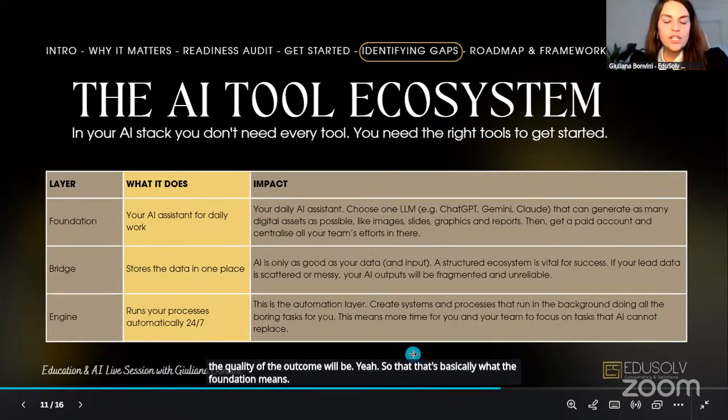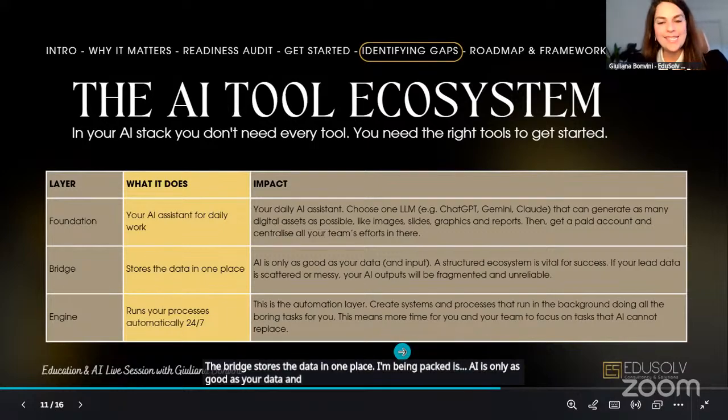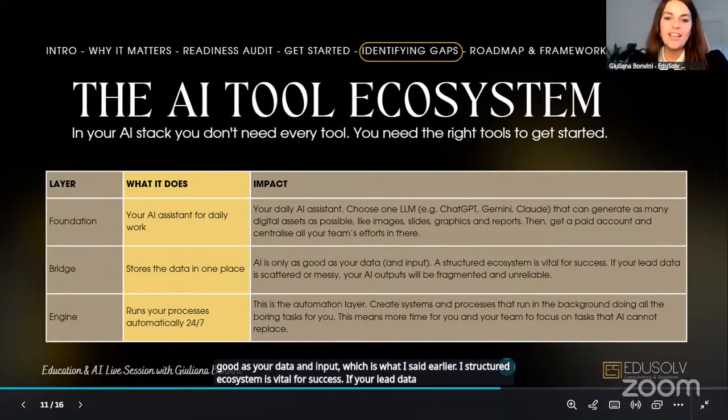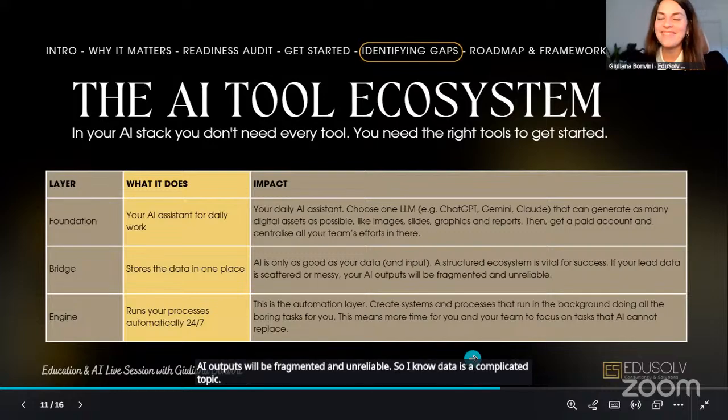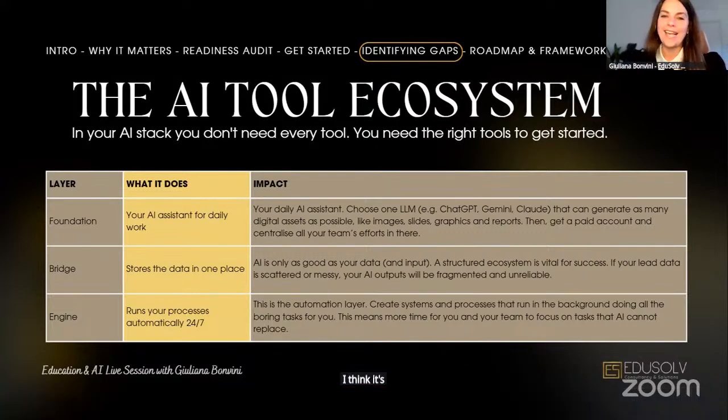The bridge stores the data in one place, and the impact is AI is only as good as your data and input, which is what I said earlier. A structured ecosystem is vital for success. If your lead data is scattered or messy, your AI outputs will be fragmented and unreliable. I know data is a complicated topic. It's always complicated, right?